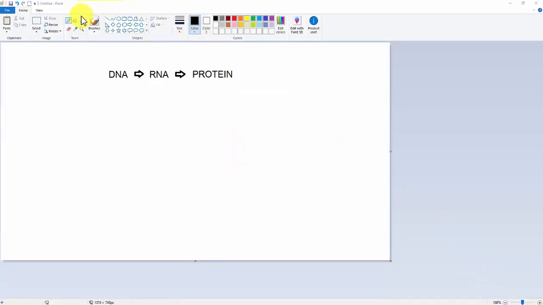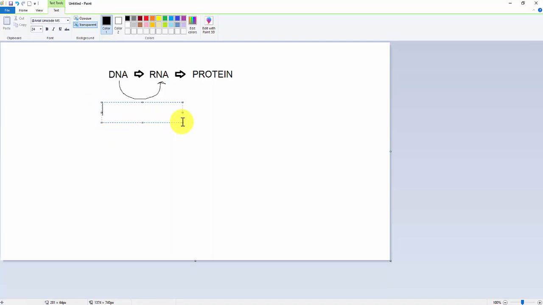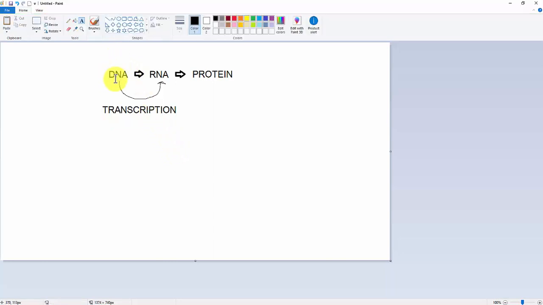So here we've got the central dogma drawn up, and we'll make this pretty quick, but what you want to do is recognize that the first part of the central dogma, DNA to RNA, is the first stage of gene expression, and this process is referred to as transcription. So transcription is essentially the conversion of DNA into RNA. So this is the first stage of gene expression.